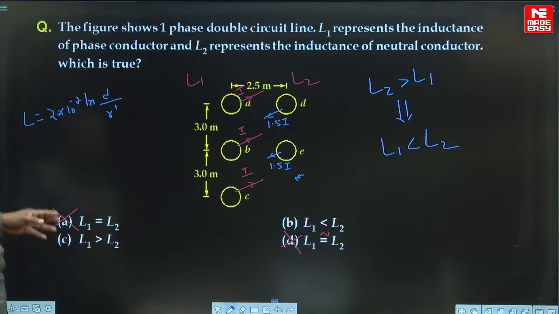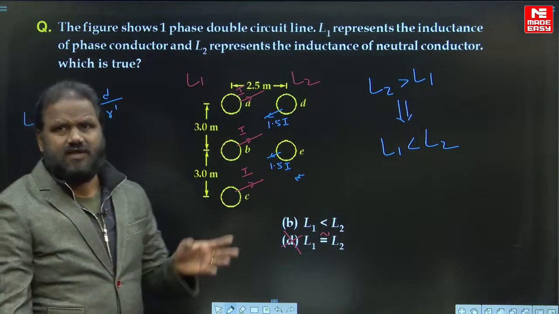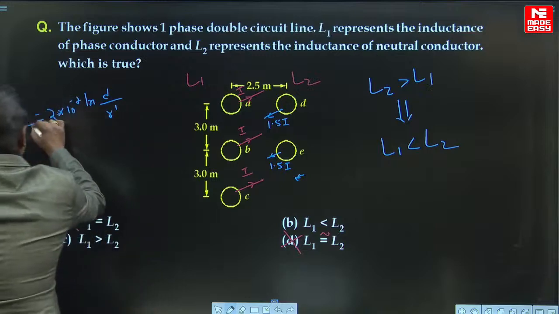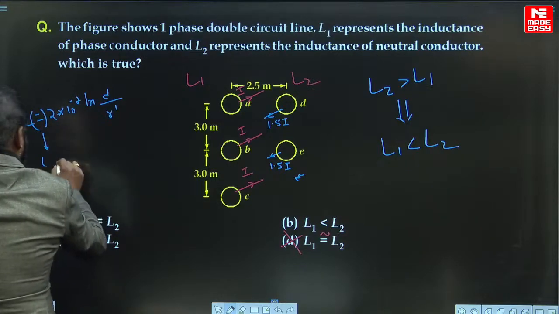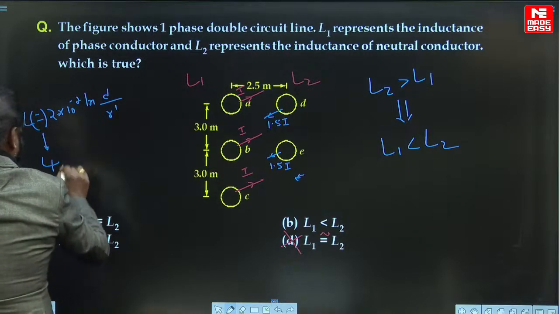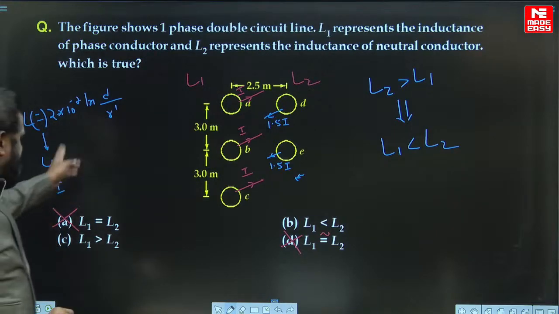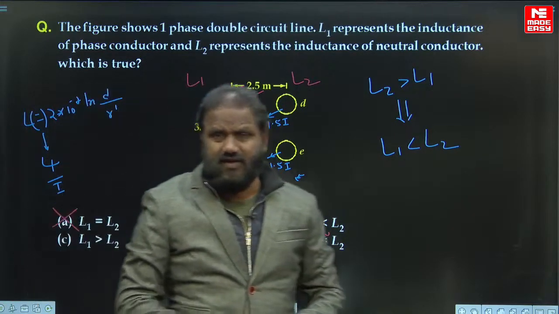As per this, somebody is saying that the inductance depends upon the distance. Definitely inductance depends upon the distance, but before this equality there is one more equality, that is psi by I. This formula holds true when the current is of the rated value. The moment the current changes, that formula changes.